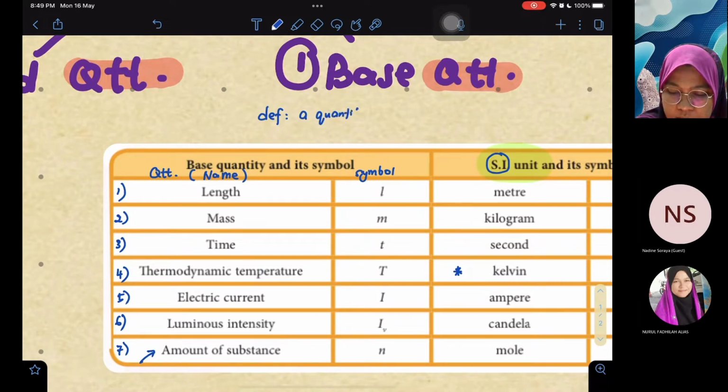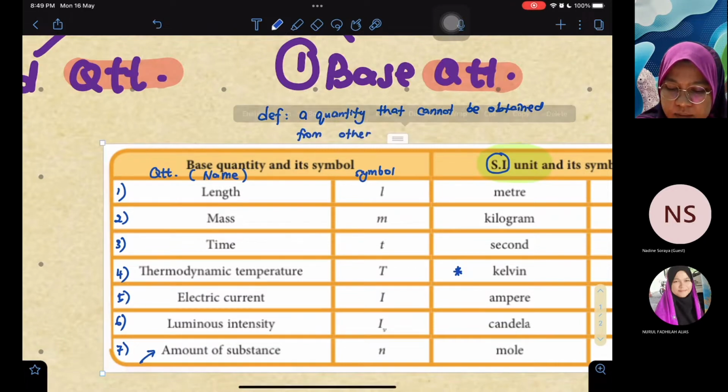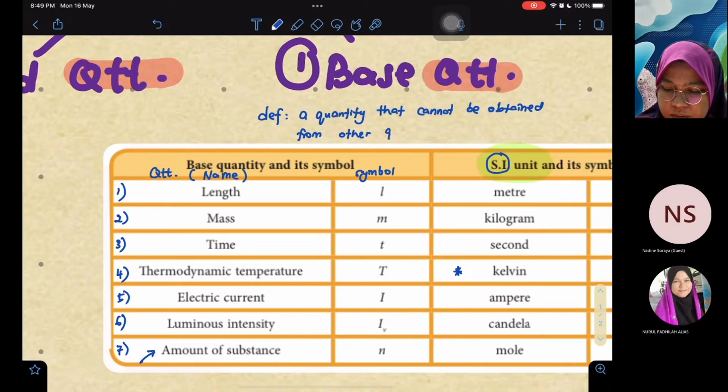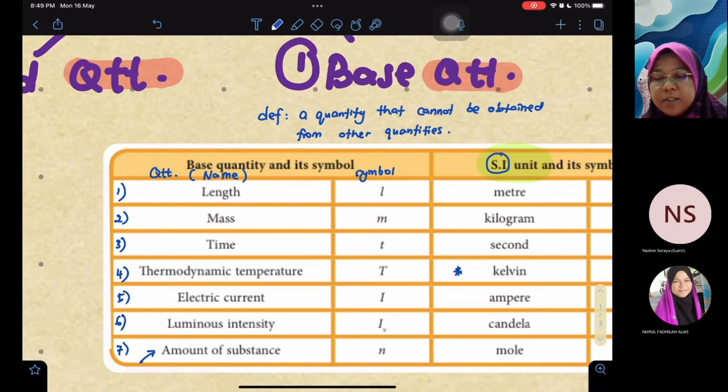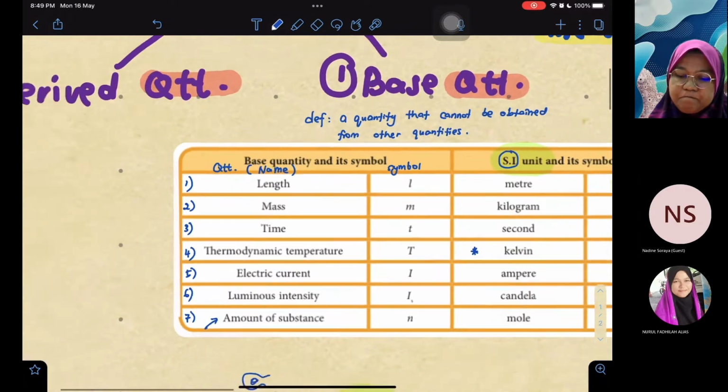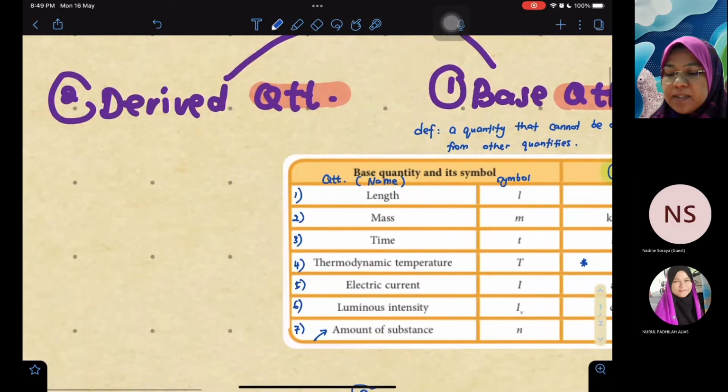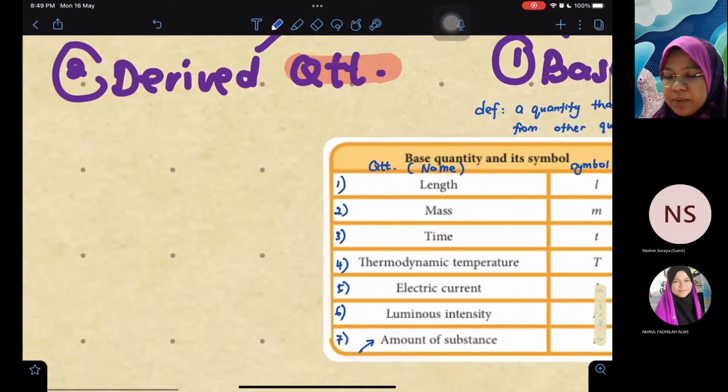A quantity that cannot be obtained from other quantities. Maksudnya dia takkan dapat daripada hasil darab ataupun tambah yang lain-lain. So that base quantity, dia basic lah, foundation lah. Macam tu lah lebih kurang.